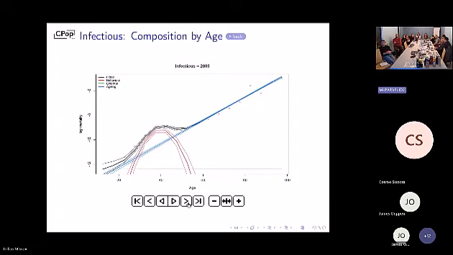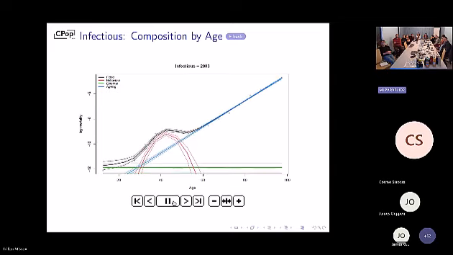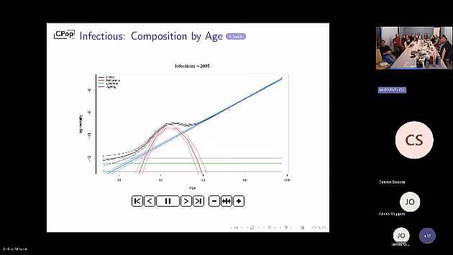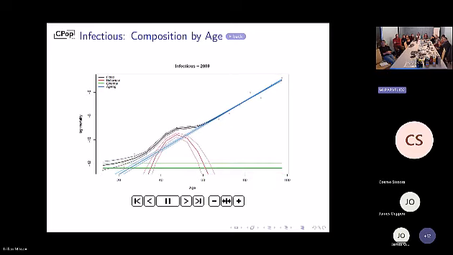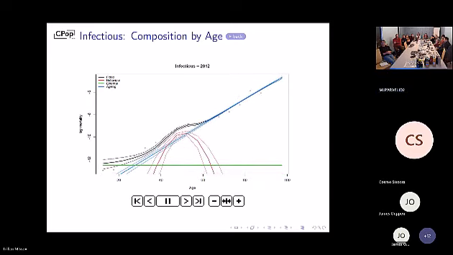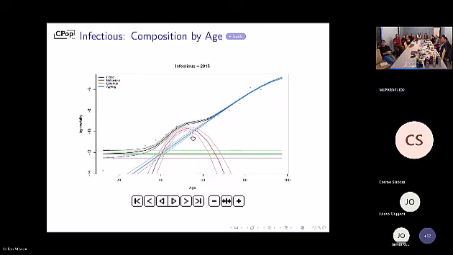And if you go in time, this red bell-shaped thing is moving to older ages. And when it stops at 2015, it is centered around age 55 or something.